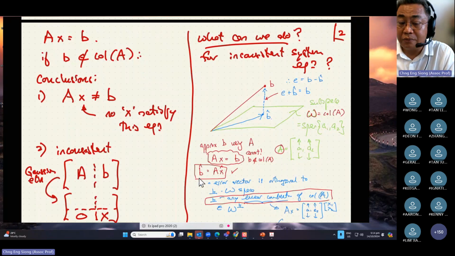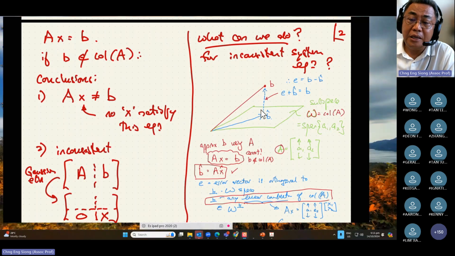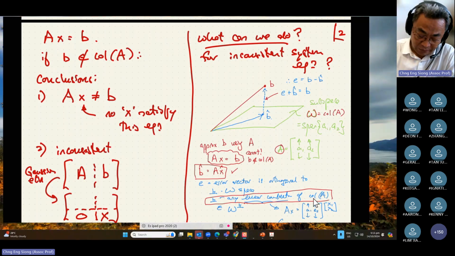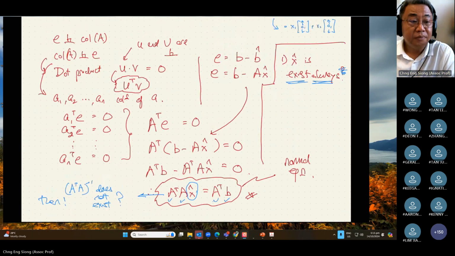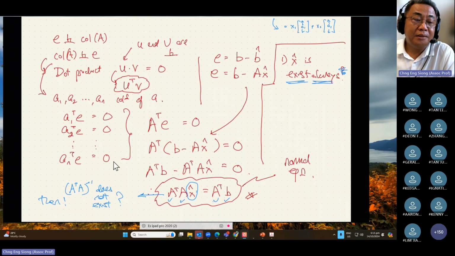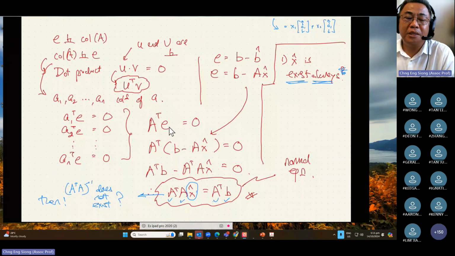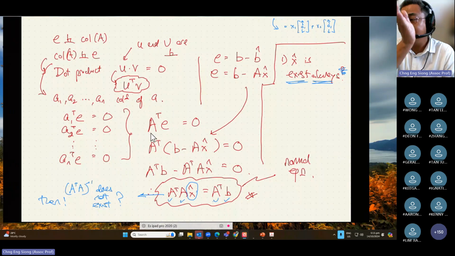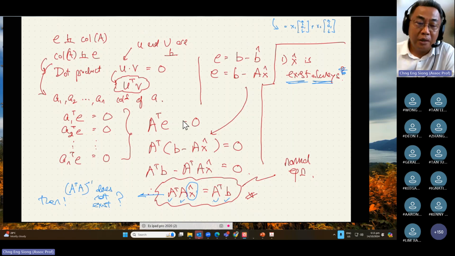Now, because I start with this E, the condition that E must be perpendicular to the space of W, I derive the normal equation. We derive the normal equation slowly, and we realize the clever idea: we say that E is orthogonal to the column space of A. It also means that A transpose E equals 0, because A transpose is flipping the columns into rows.